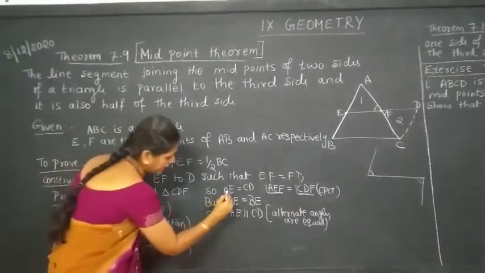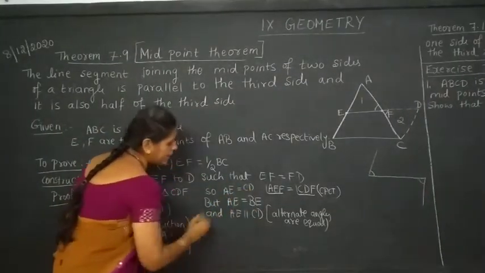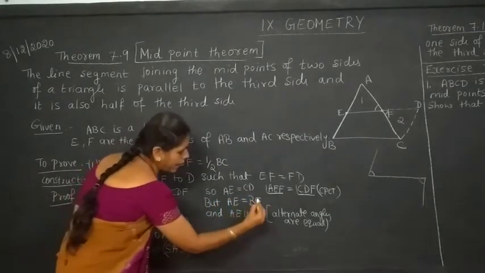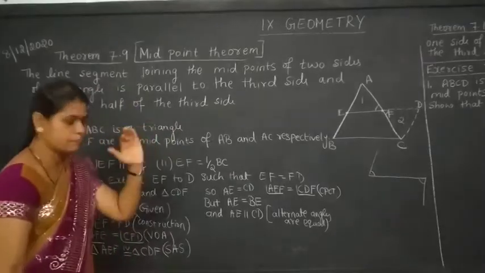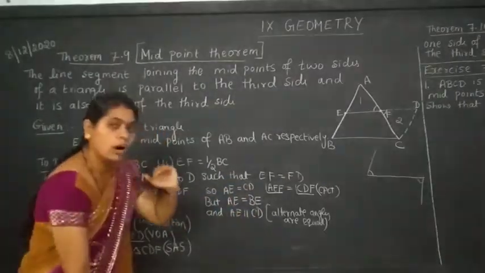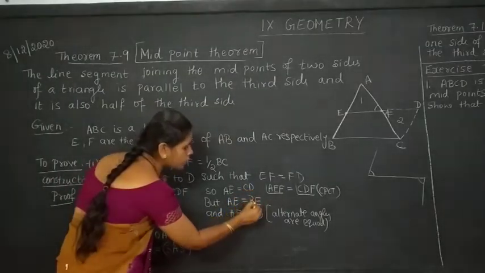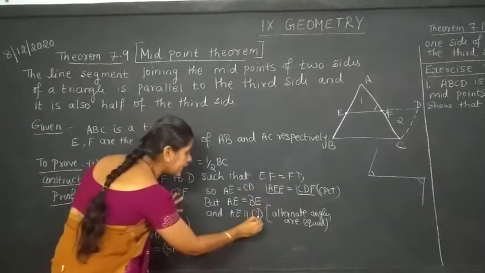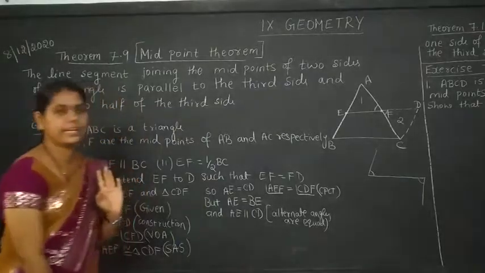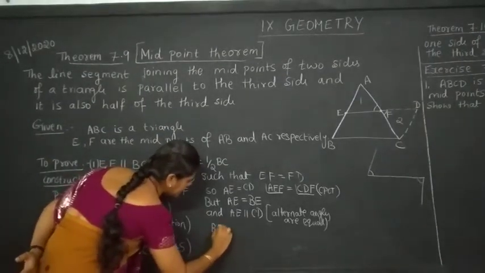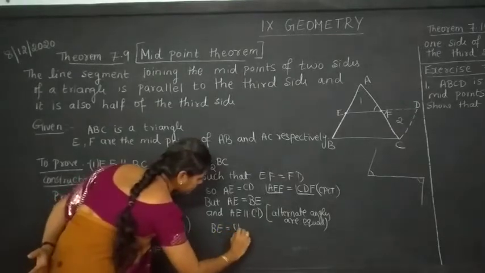Now see properly, AE is equal to CD, but AE is equal to BE. AE is parallel to CD. So by these three things, what can I say? I can say that CD is equal to BE and CD is parallel to BE.